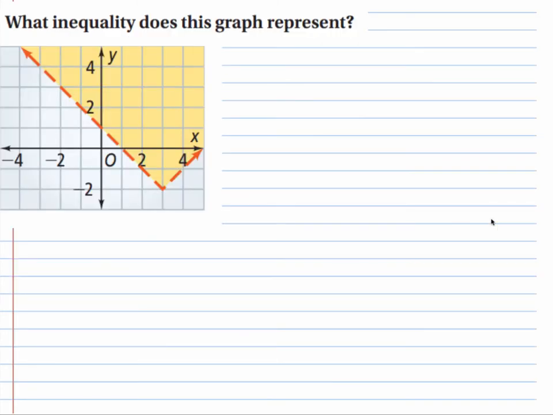Now sometimes I'm going to want you to write an inequality from a graph. The first thing you want to do is find your vertex. That will really help you out quite a bit. The vertex here is at what? 3, negative 2.